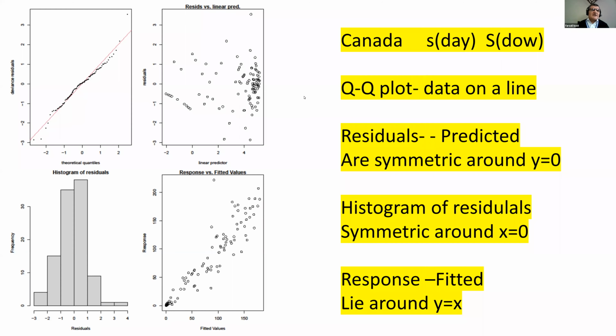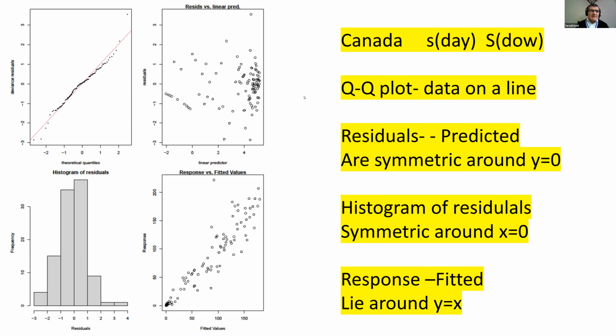If the data lie on the red line, which is very strict, this is good. Top right is the residual against predicted; they should be symmetric with respect to the x-axis.